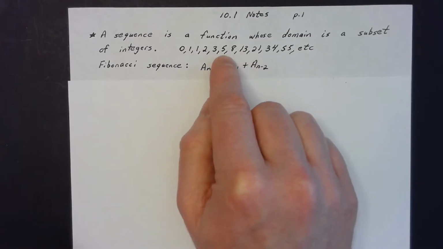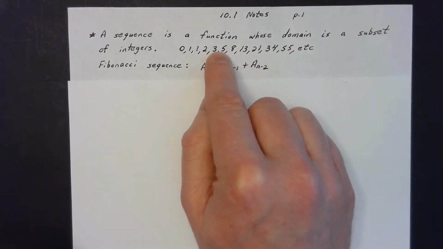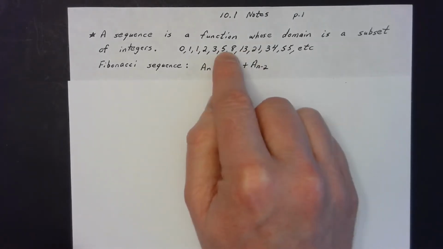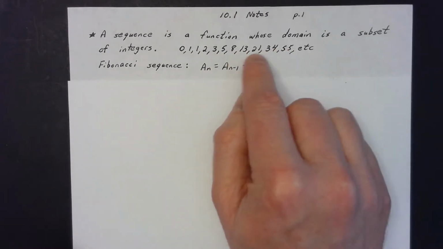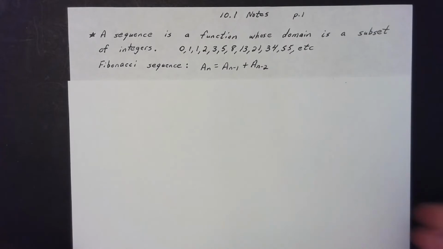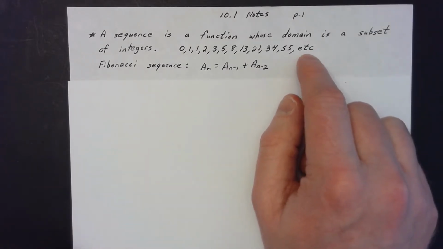And you see pretty quickly it's a recursively defined sequence where each term is just the sum of the two previous terms. So 21 is 13 plus 8, 34 is 21 plus 13, 55 is 34 plus 21, on and on and on. So it turns out that this sequence occurs in nature quite often.